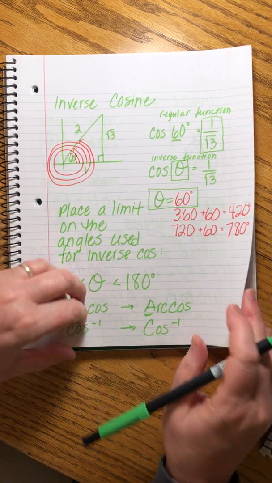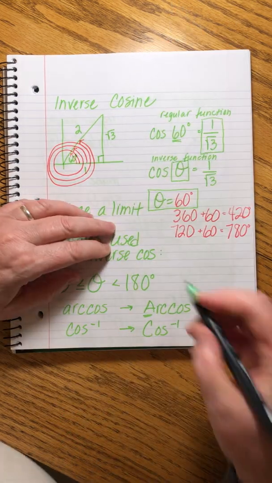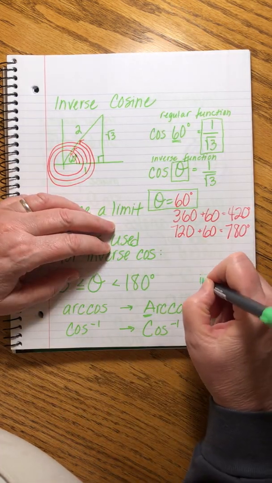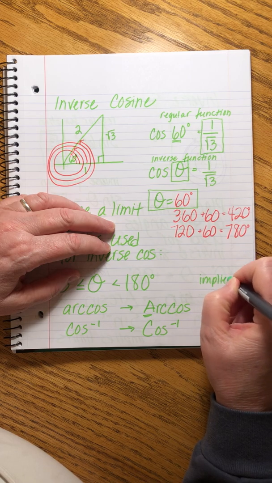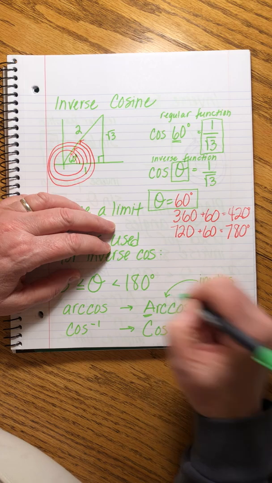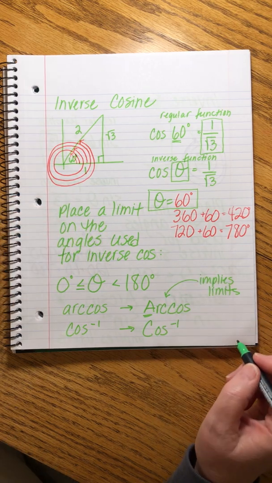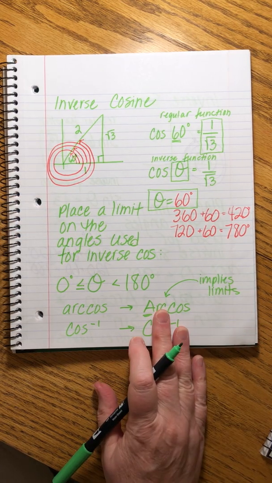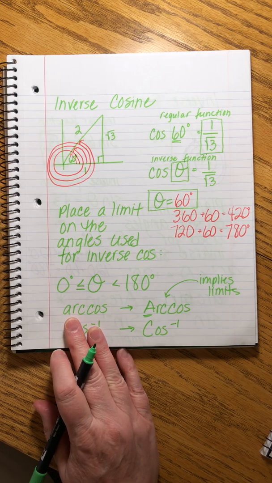And that uppercase letter implies the limits. And this isn't a big deal because we're always going to put the limits on. We're not really going to talk about this at all.